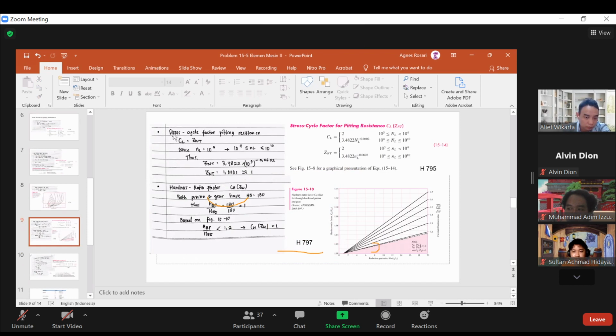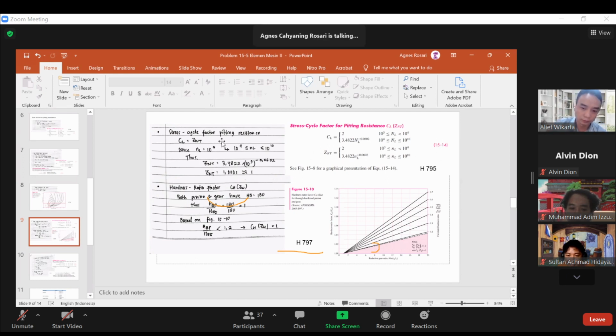And then we find the stress cycle factor for pitting resistance. So we consider the number of cycles, since we are given the life cycles equals 10 to the power of 9, which means that 10 to the power of 9 is between this range at the bottom from equation 15-14.